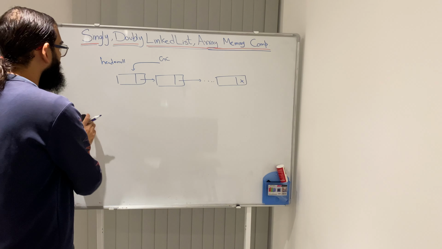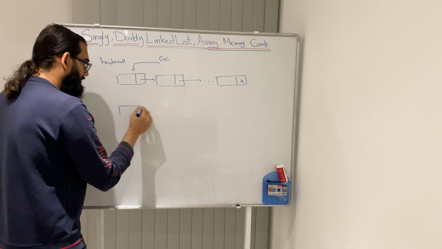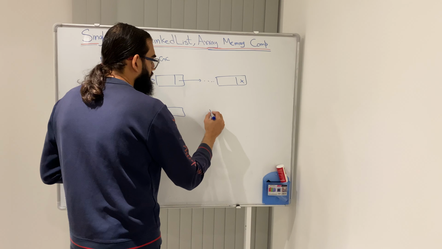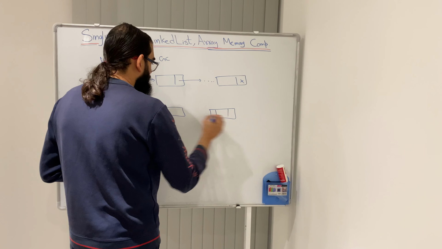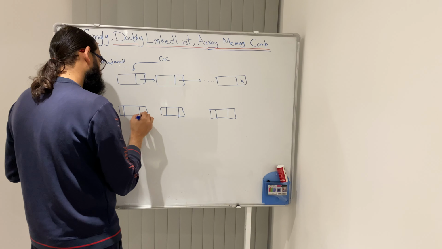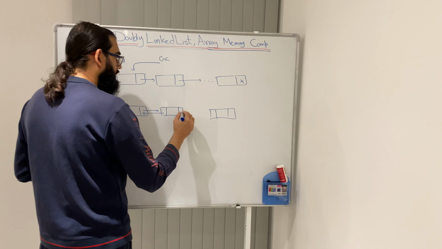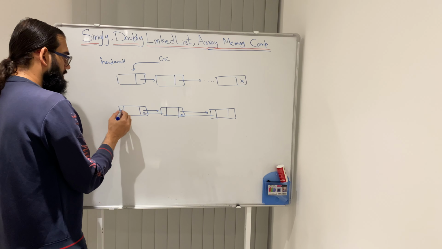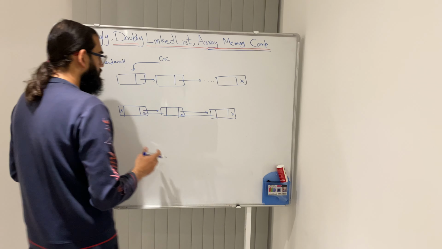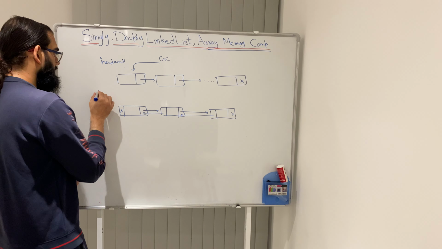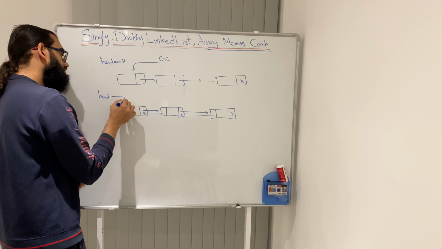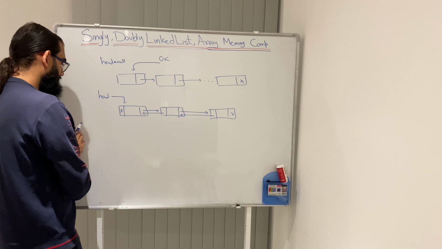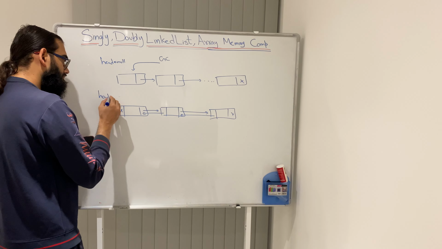But in the case of a doubly linked list, the scenario is very different. So I have nodes again. If you are not aware of it, a doubly linked list works like this: there may be a previous and a next, and the ends are null. So I have maybe 1000 nodes and there is a head. If I want to clear, I will say head equal to null.